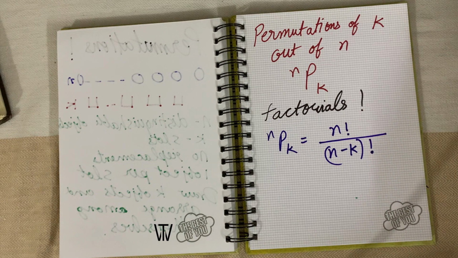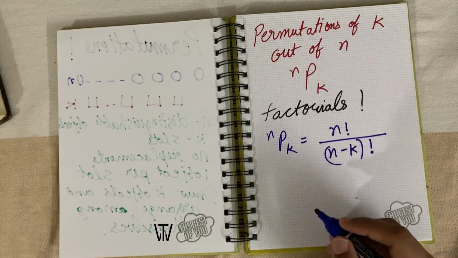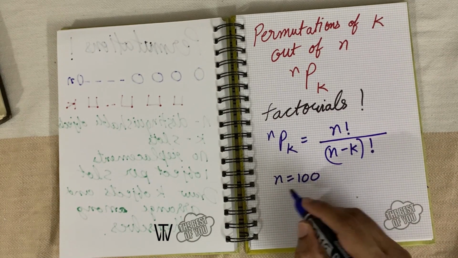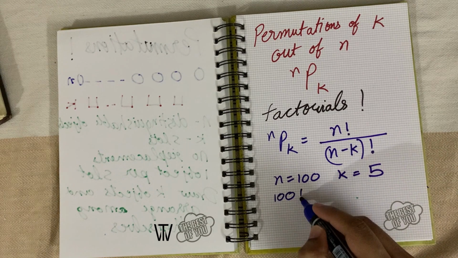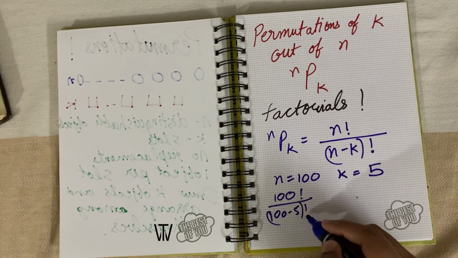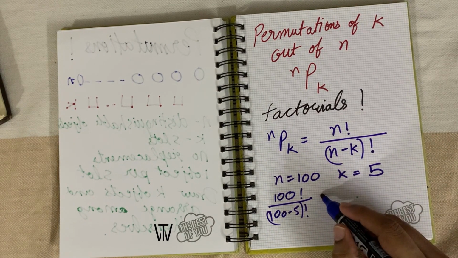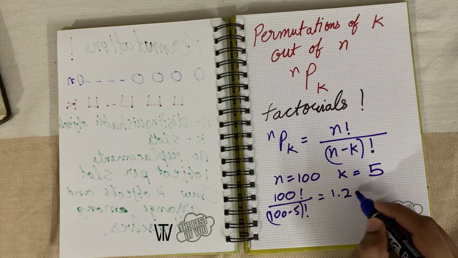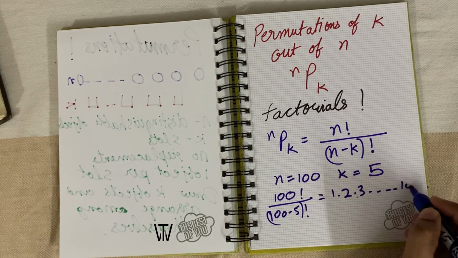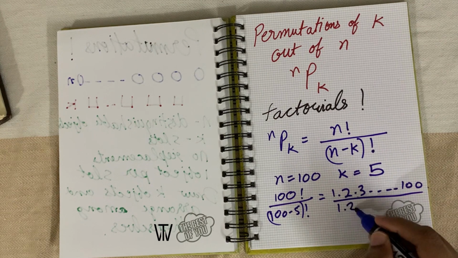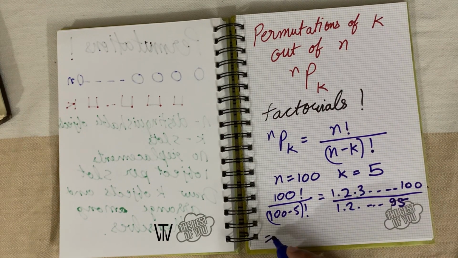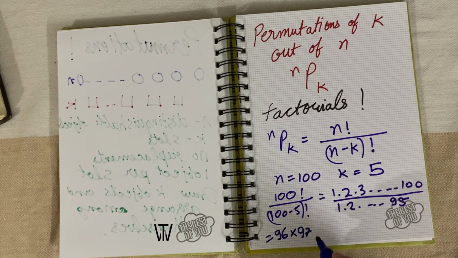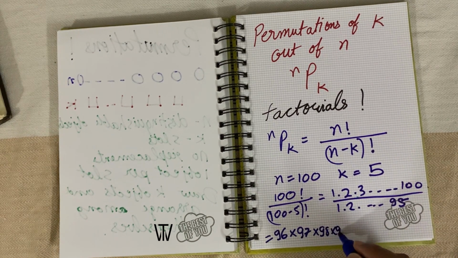So going back to our Google applications and job positions problem. It is easy to see that n equals 100, k equals 5, and Google can fill those positions in 100 factorial by 100 minus 5 factorial ways. So if you write this out, you will see that it is actually 1 into 2 into 3 into 4 all the way up to 100 divided by 1 into 2 into 3 all the way up to 95.